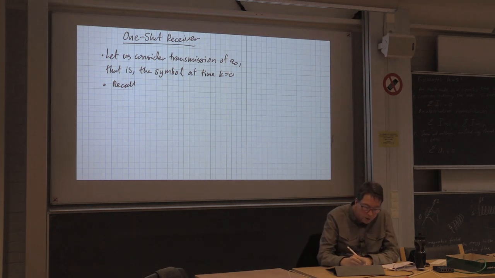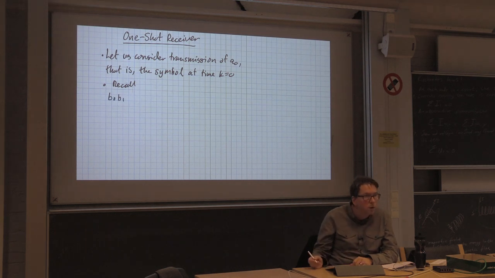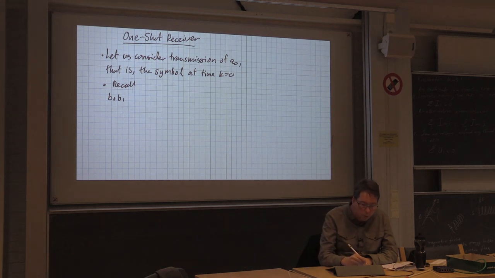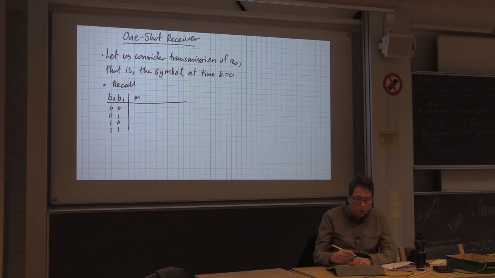As an example, suppose we need 2 bits, B0 and B1. That's what we will transmit using A0. So B1 and B0 could be 00, 01, 10, 11, for instance. Then this is mapped to some index M, which is 1, 2, 3, or 4, which is then mapped to the amplitude A0 as being either capital A1, A2, A3, or A4. These are the possible amplitudes.